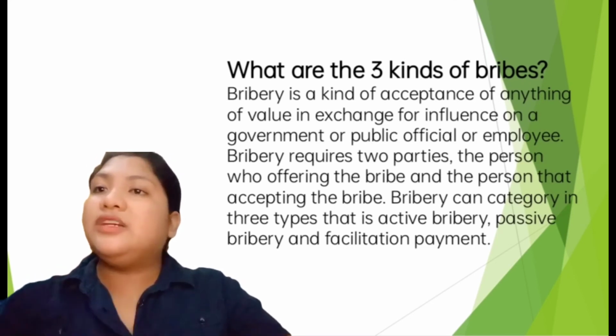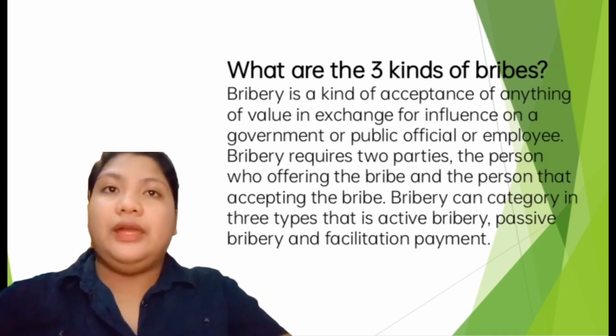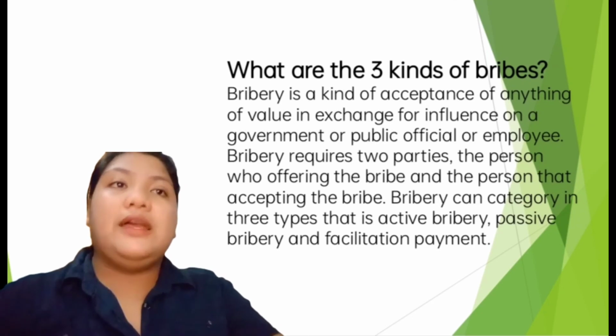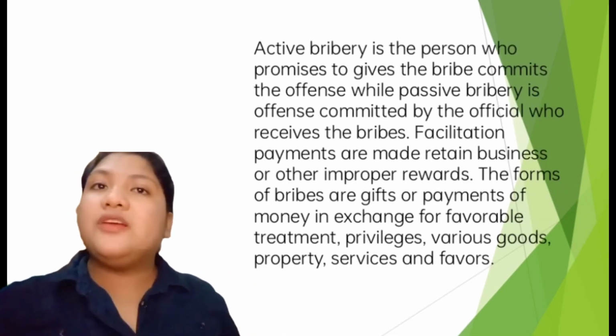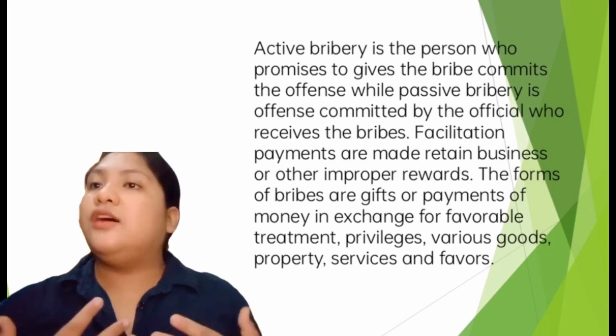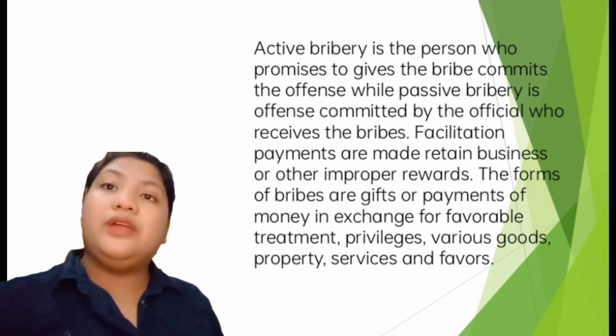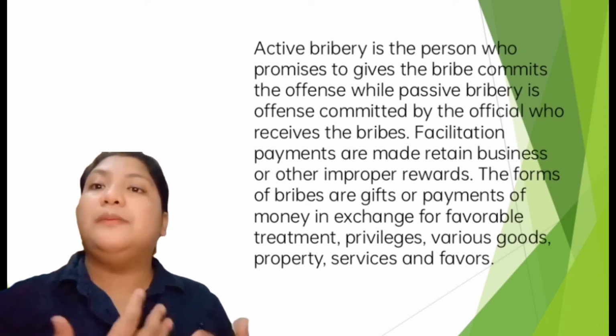Bribery can be categorized into three types: active bribery, passive bribery, and facilitation payment. Active bribery is when the person who promises to give the bribe commits the offense, while passive bribery is the offense committed by the official who received the bribe.